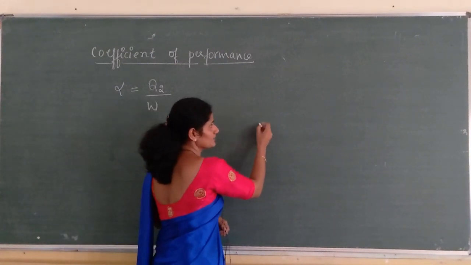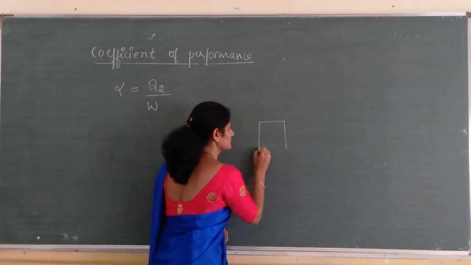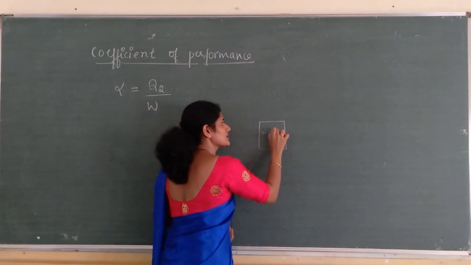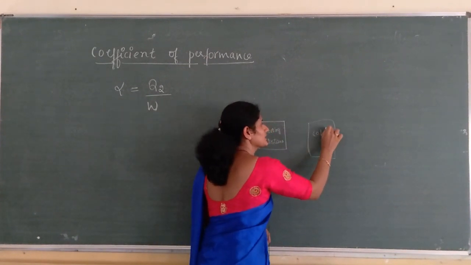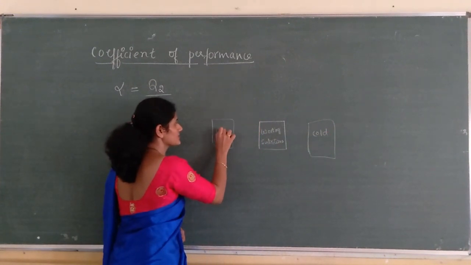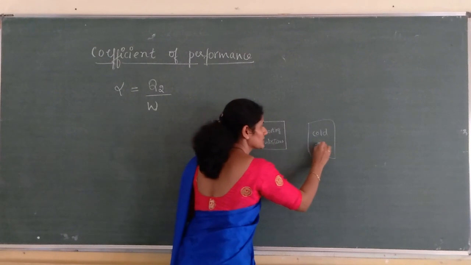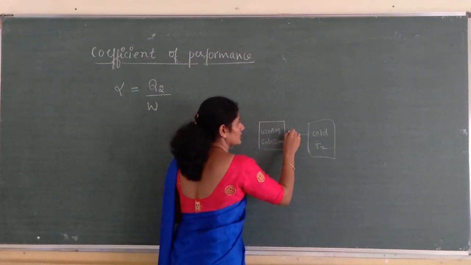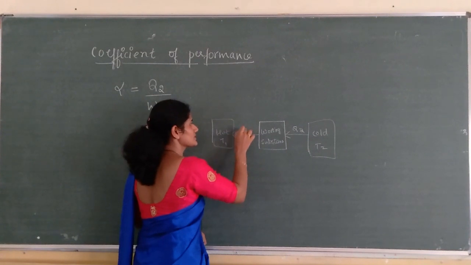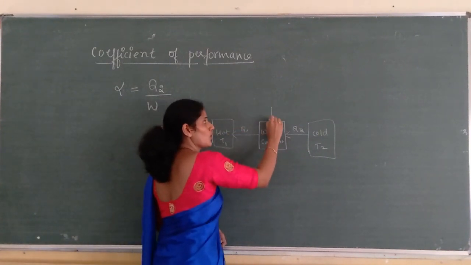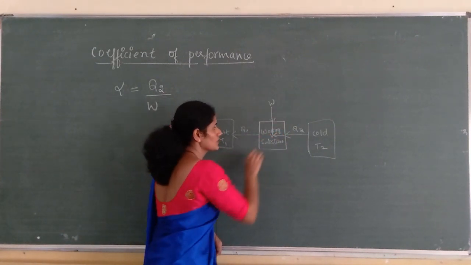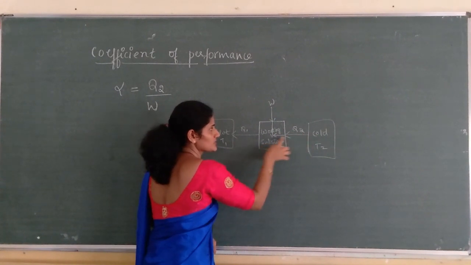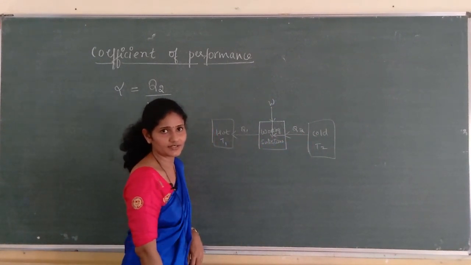So, in the schematic diagram we have seen that this is the working substance. Here we have the cold reservoir at temperature T2 and one hot reservoir at temperature T1. Q2 is the amount of heat energy absorbed, Q1 is the amount of heat energy released. Here work is done on the system, W. So, W plus Q2 is equal to Q1, right.